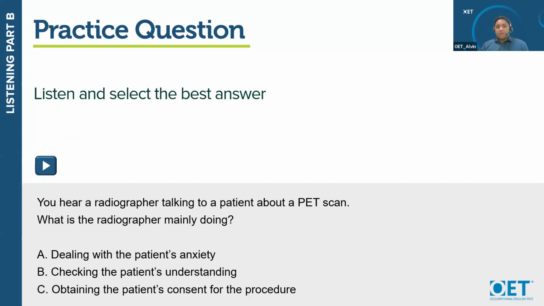So now I'll tell you about what will happen during the scan. Do you know what to expect? Not really. I'm a bit uptight about all this, to be honest. That's okay. It's quite common to feel apprehensive. The scan itself takes about 30 minutes. An hour beforehand, you'll have an injection of a radioactive tracer into your vein. Then you'll lie on a scan table and be placed into the scanner.